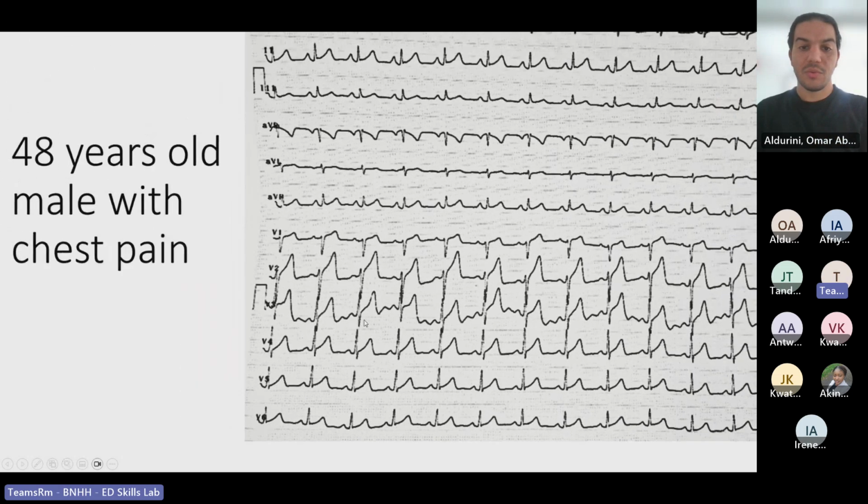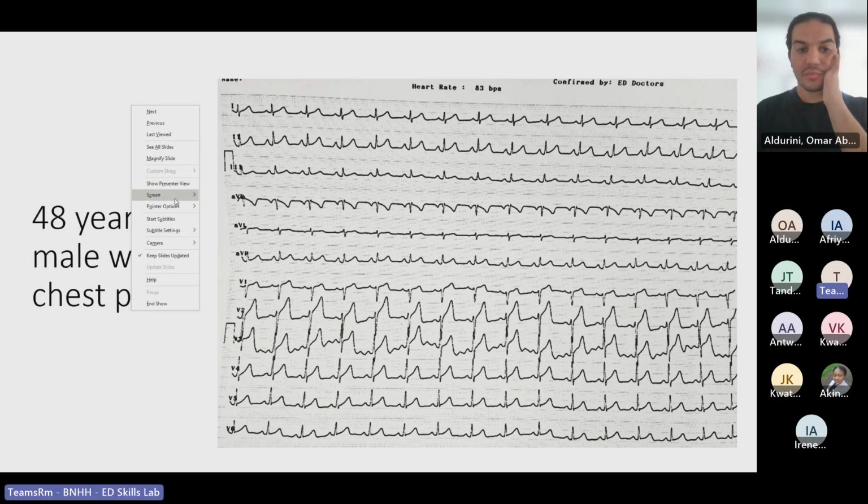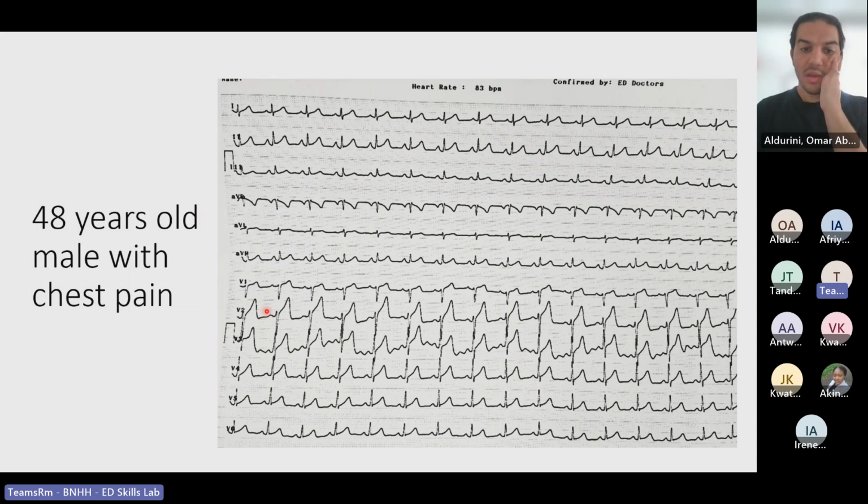So for this ECG, there is ST segment elevation in V1, V2, V3, and V4, which represents the anterior wall. This is what we call anterior STEMI, especially if the patient is coming with significant ischemic chest pain, and we think it is an acute ischemia that we should intervene with.